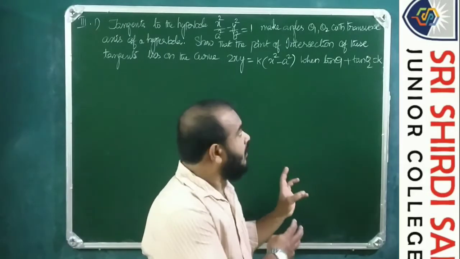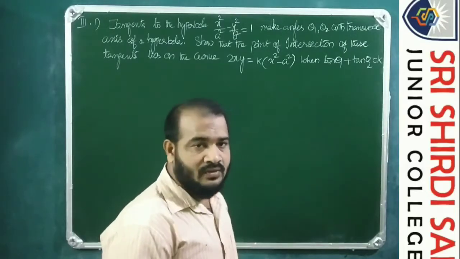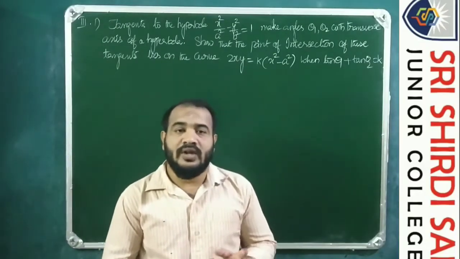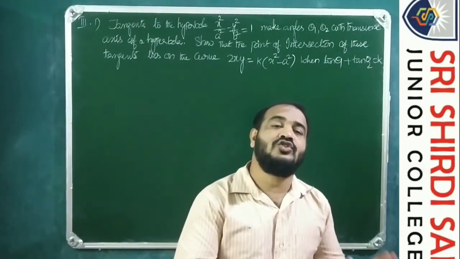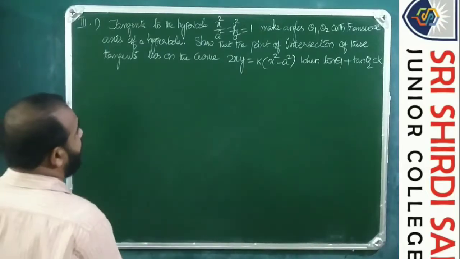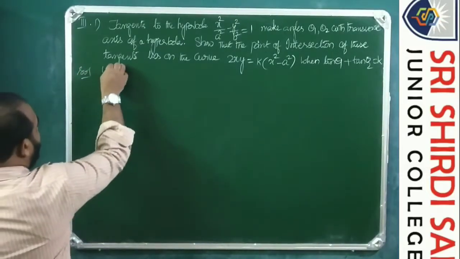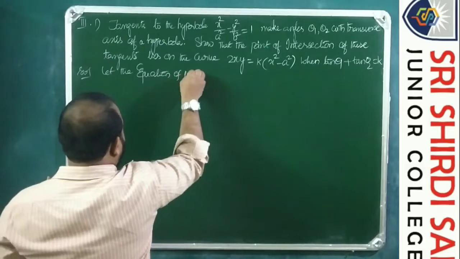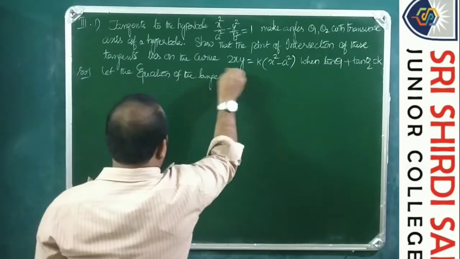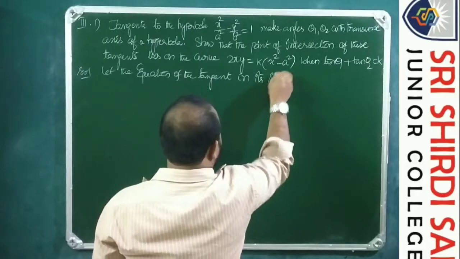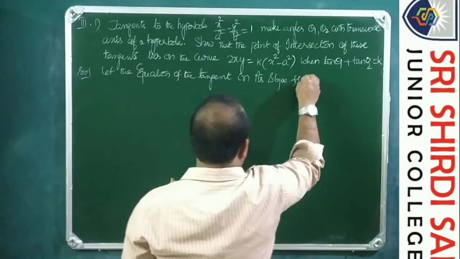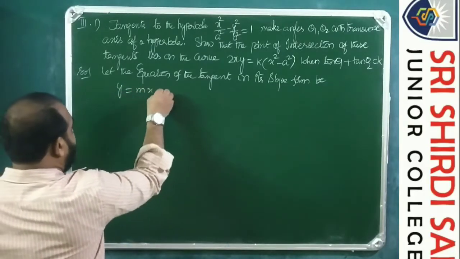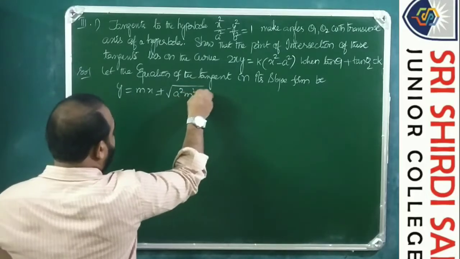Whenever angles are mentioned in the question, or a line is given and the parallel or perpendicular concept is mentioned, the thing that should spring to our mind is to take the equation of the tangent in its slope form. So let us take that. Let the equation of the tangent in its slope form be y equals mx plus or minus square root of a square m square minus b square.